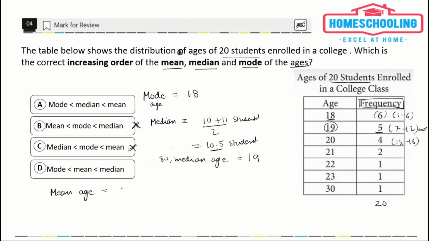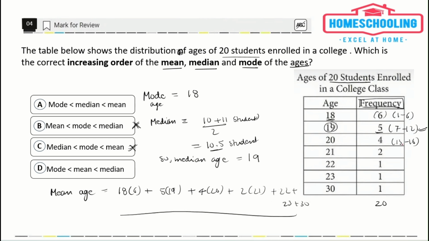To find the average age, 18 has 6 students, similarly 5 students have age 19, 4 students have age 20, 2 would be 21, 1 into 22, so 22 plus 23 plus 30, and divided by the total number of students, that is 20. If we add them up, it would be 400 divided by 20.